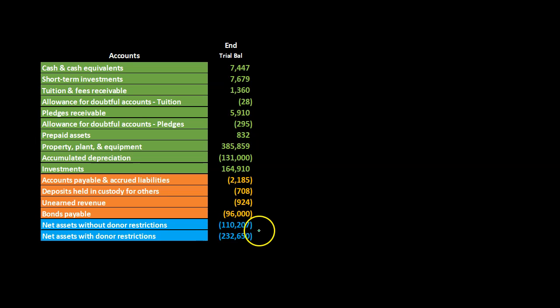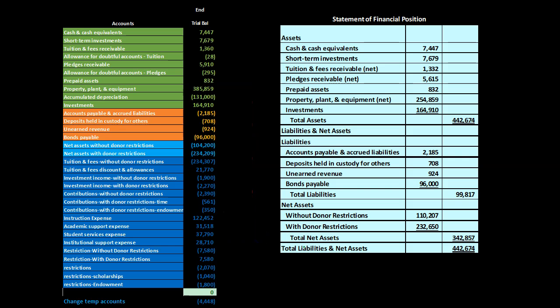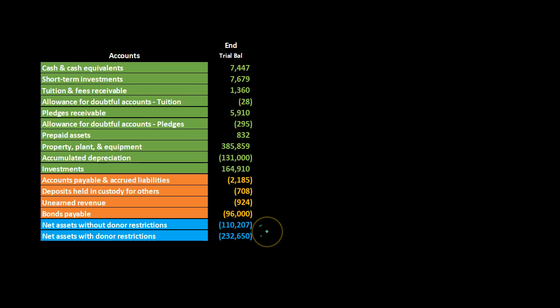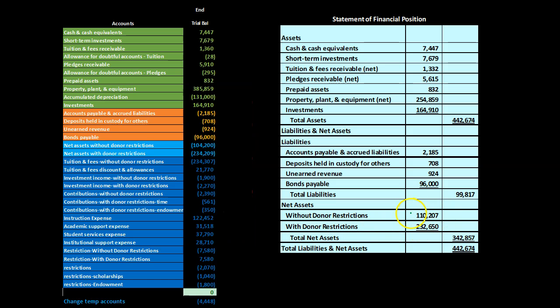So we broke them out here, and these are going to be the amounts that we would then see on our statement of net position. We found these once again within the closing process. And so that's how you're going to pick up the 110,207 and the 232,650, which would add up to what we just calculated for the total net position, which would be all the blue numbers of the 342,857.